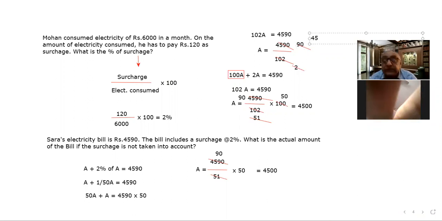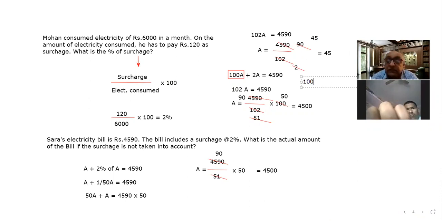But your bill is 100A, so 100A is equal to 45 into 100, that is equal to 4500. So the actual expenditure of electricity which he has consumed is 4500. It includes rupees 200 as tax.